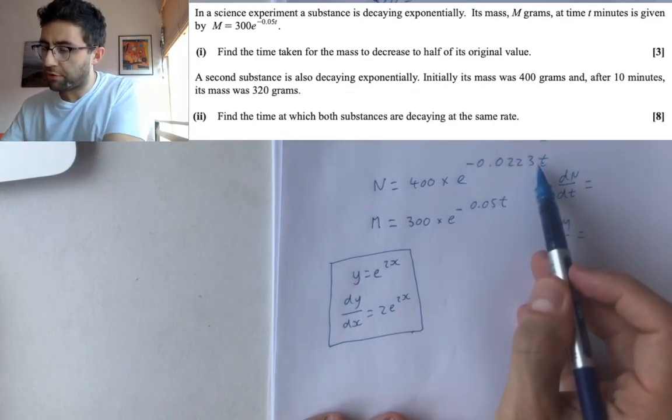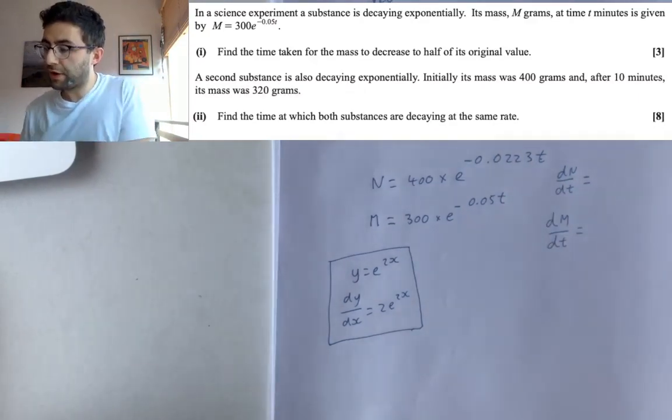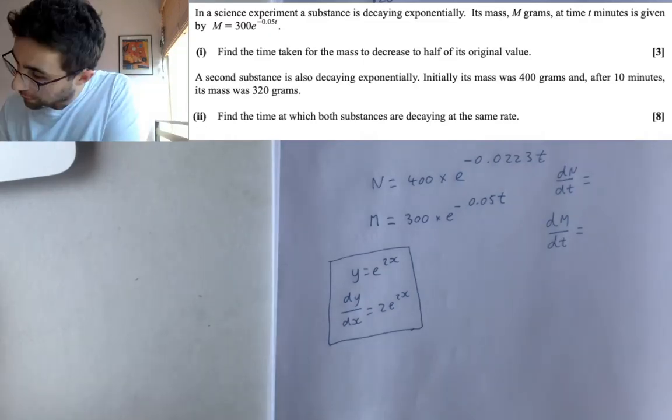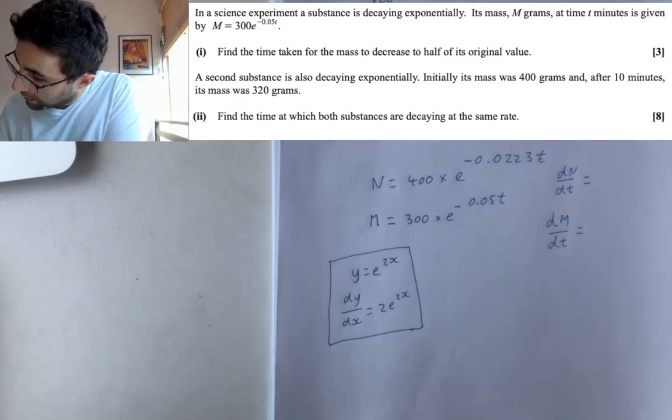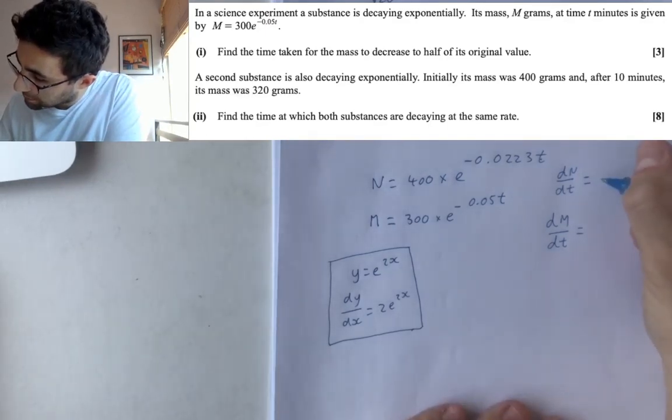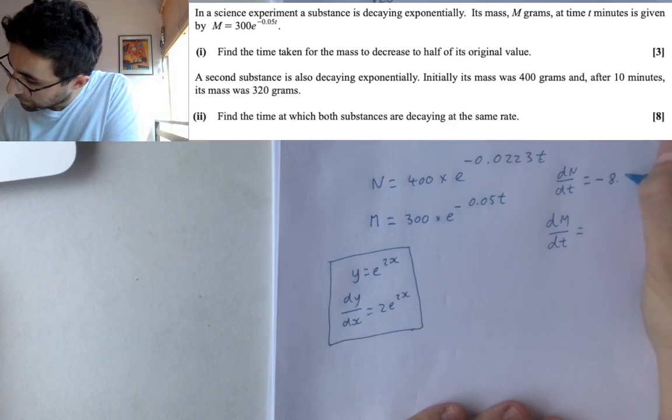So you've got your original equations, you've differentiated them, and now you've got to set them equal to each other. I will recap it all afterwards. I'm setting them equal.